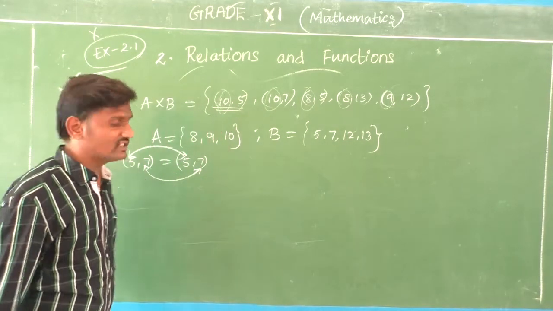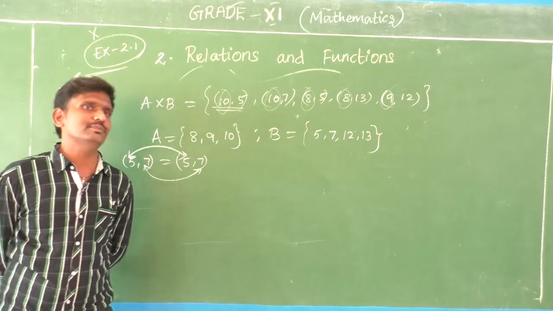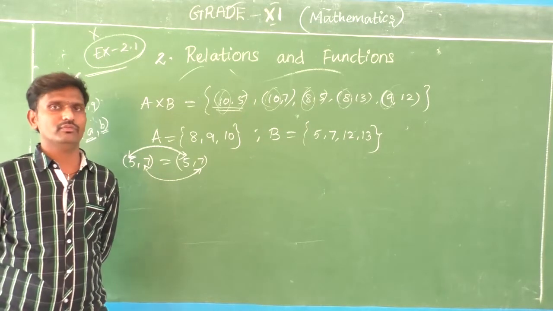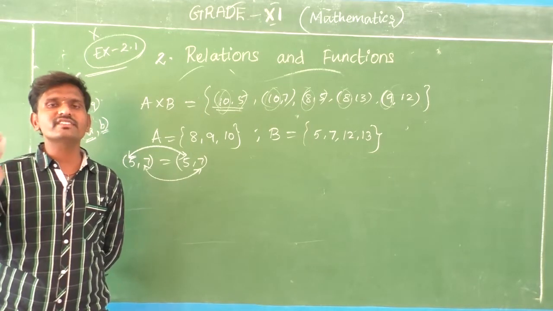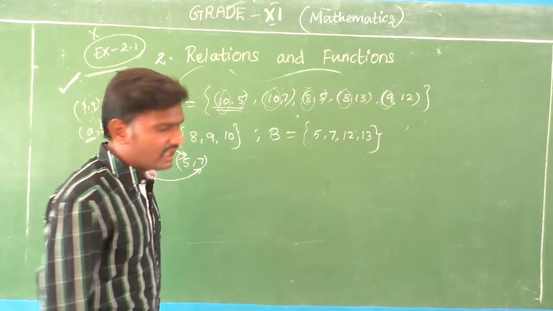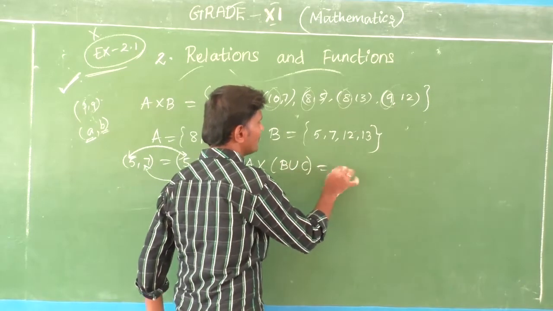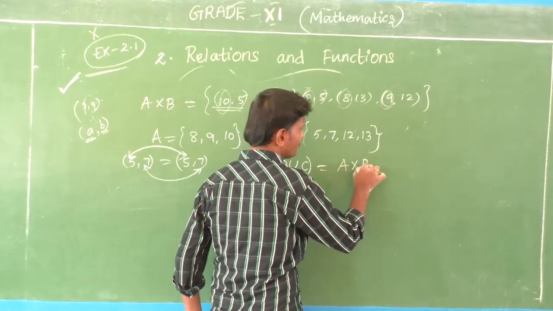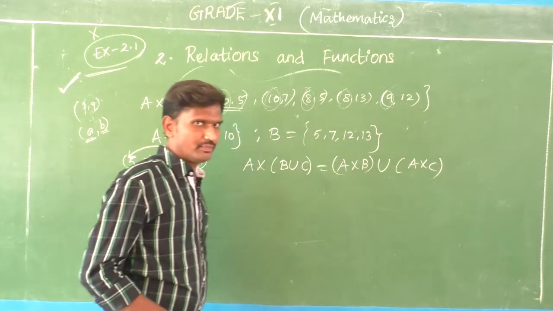And one more thing. We already know De Morgan's laws of complementation and the distributive law. Based on that, we have some properties of the Cartesian product. In your book it is given: A cross (B union C) is equal to (A cross B) union (A cross C).